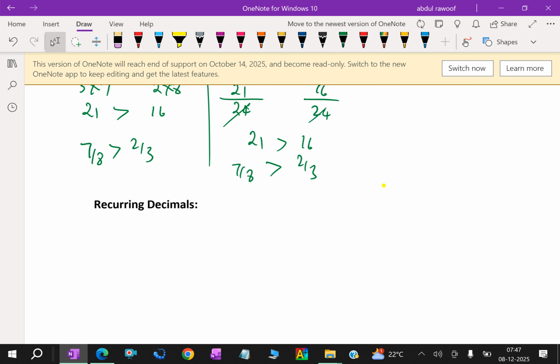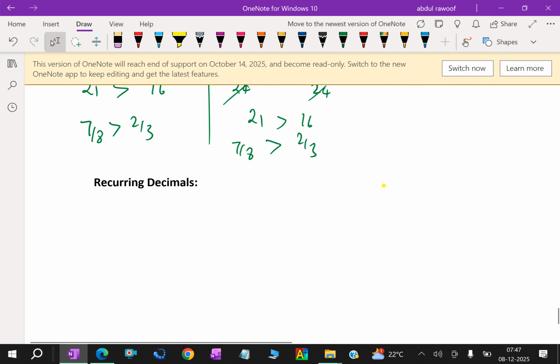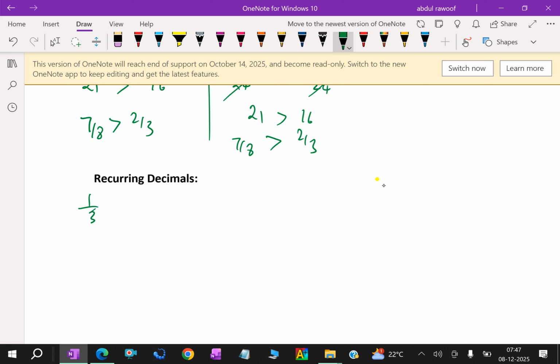Recurring decimals. What are recurring decimals? Look here. Consider 1 over 3. We write 1, and 3 does not go into 1, so add a point and add 0.